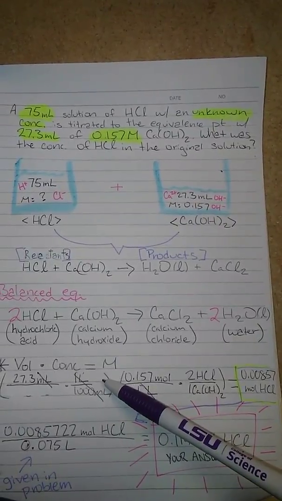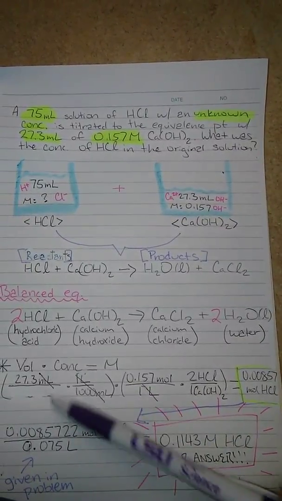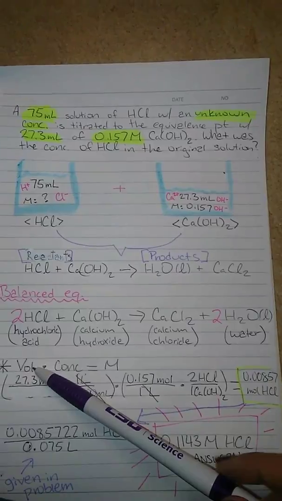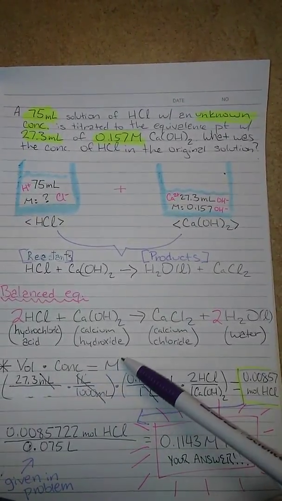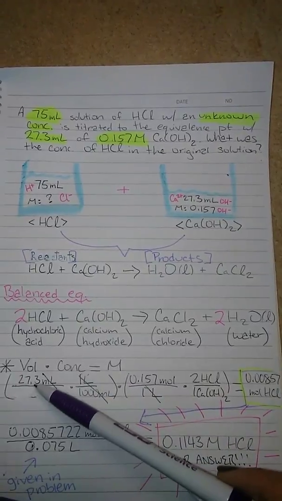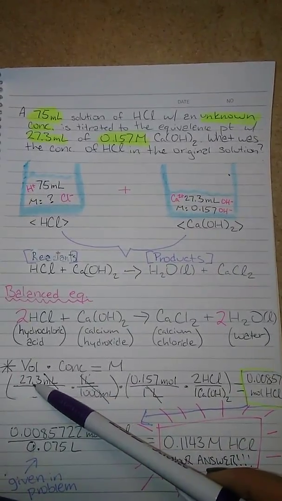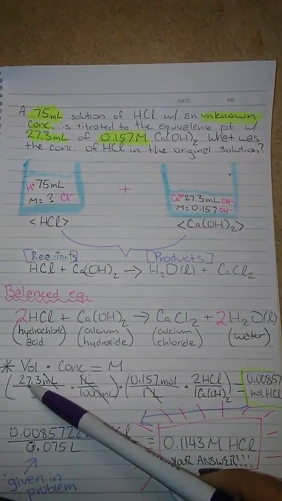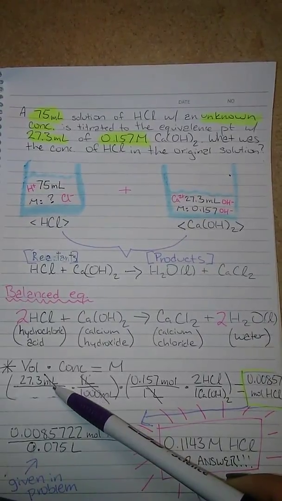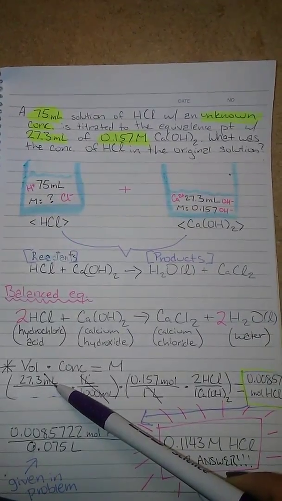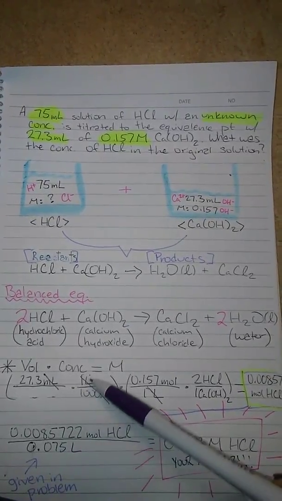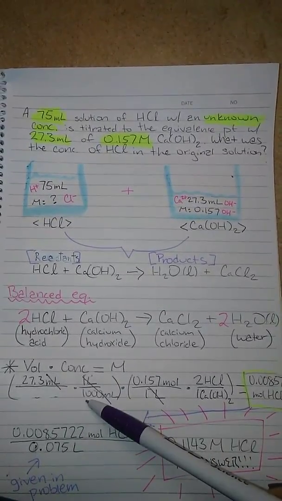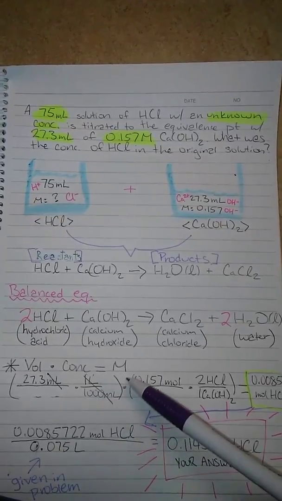Now, if we look back to the information given to us, we can find how many moles of hydrochloric acid we have. Given the volume and the concentration, we can easily find moles. So here we have 27.3 milliliters of your calcium hydroxide, and since that's milliliters, you need to transform that into liters.